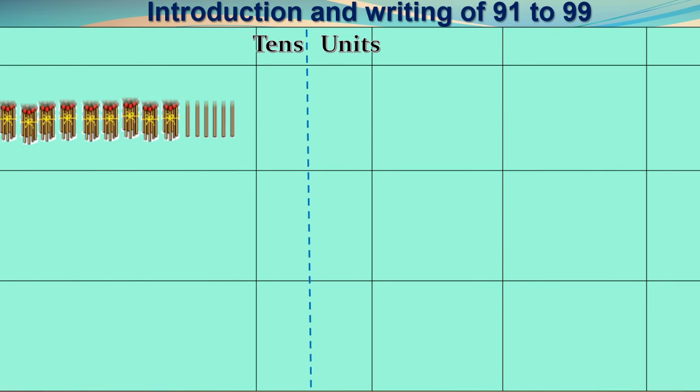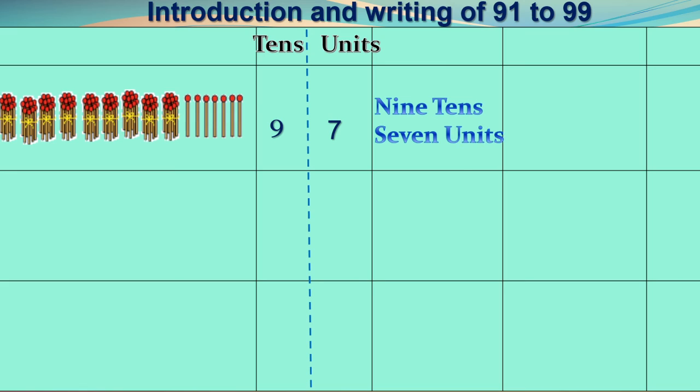We'll add one more to 96. So here we got 9 tens and 7 units, right? Our number is 97. How to write? 90 and 7.